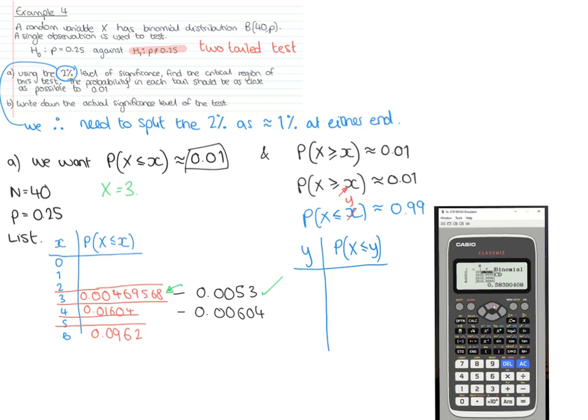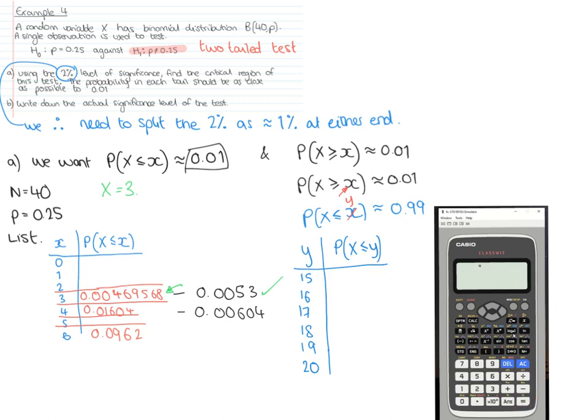Okay, so we can see that less than or equal to 10 is way down. Bear in mind, we want this value to be 0.99. So it's somewhere between 15 and 20 that this critical value happens. So let's change our parameters to 15 to 20: 15, 16, 17, 18, 19, 20.